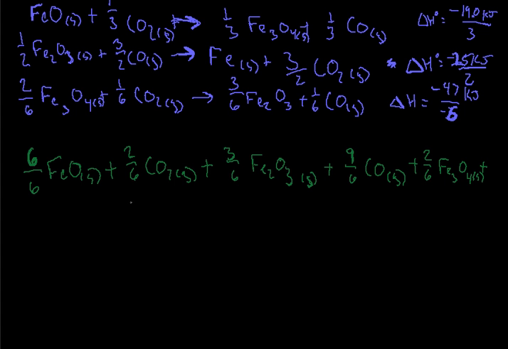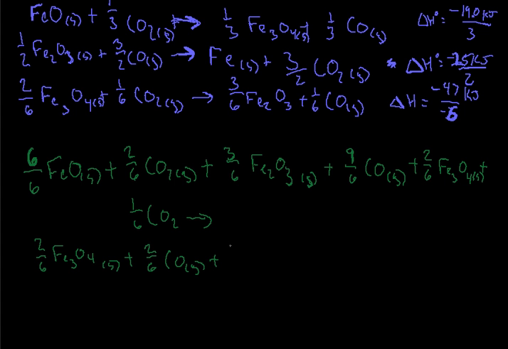and I'll squeeze this down here, 1/6 carbon dioxide, and that's going to yield, I'm just going to write it down here, 1/3 is 2/6 Fe3O4 as a solid, and then 1/3 is 2/6 CO. I'm just changing these guys up here.